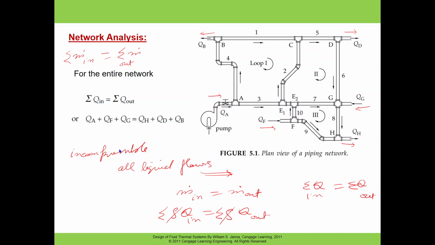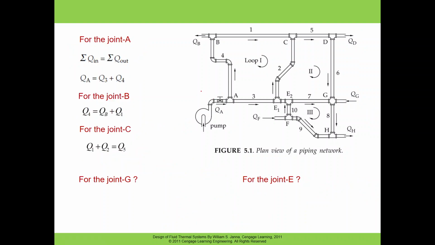So here we take the summation of Q in, which becomes the sum of these quantities, that is Qa, Qf, and Qg, and this is the summation of Q out, which is Qb, Qd, and Qh. So this is called the continuity for the system.